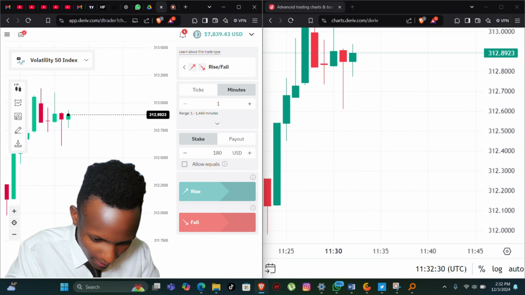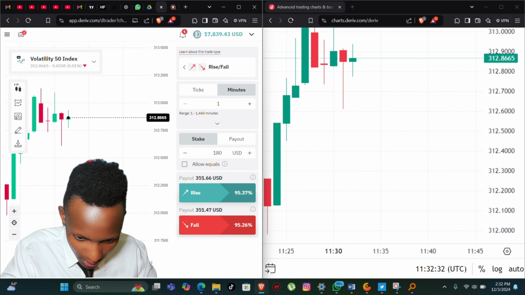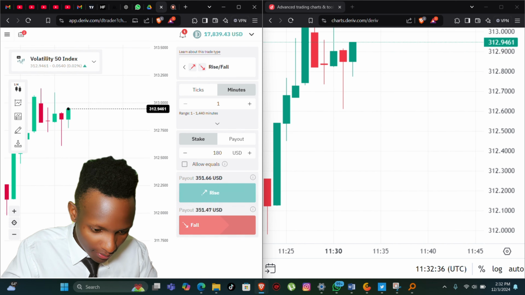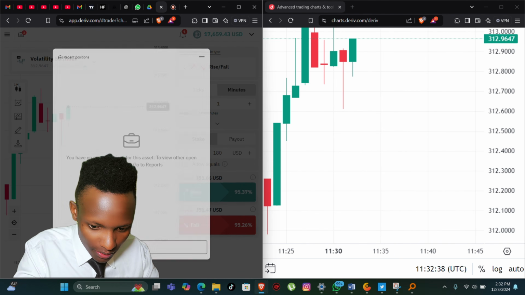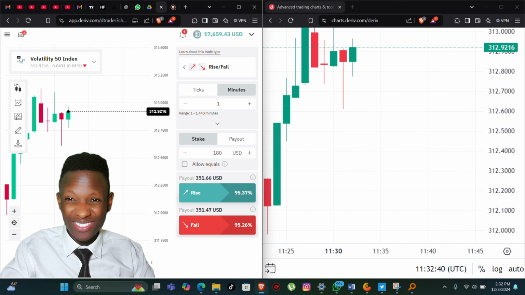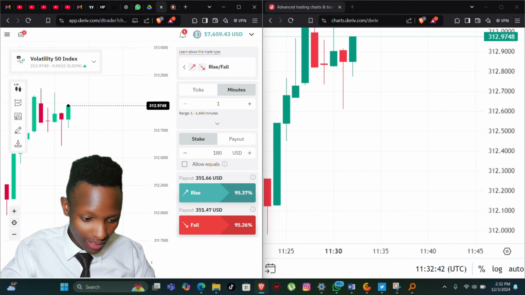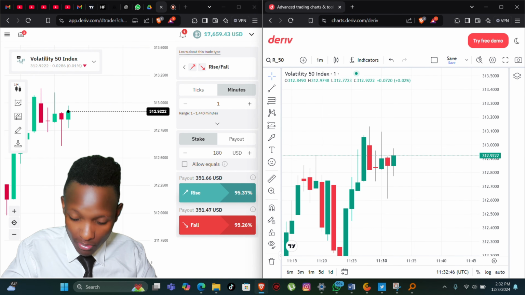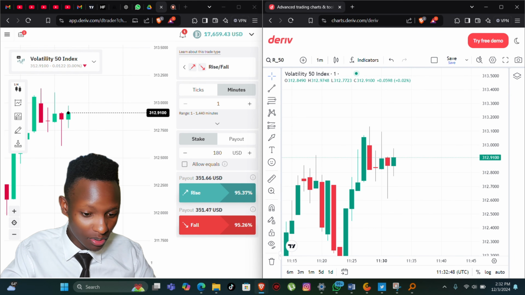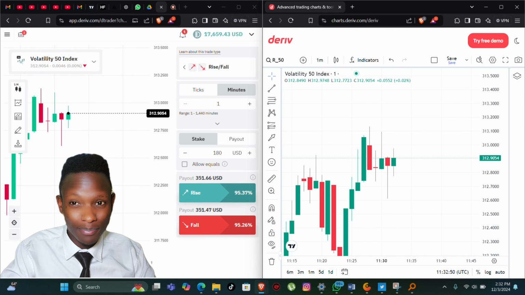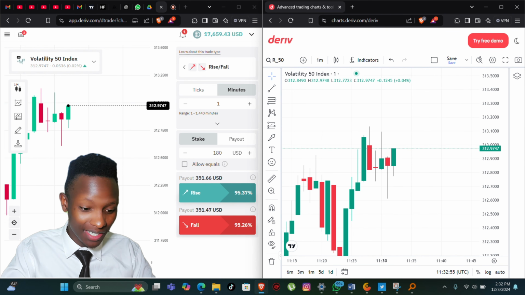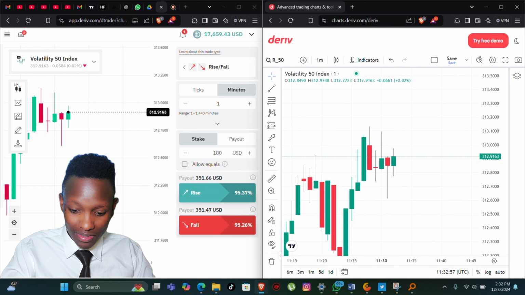I don't know why it hasn't added any trades. Let me try to click on rise. Still not executing. I don't know why DERIV has these kinds of issues, and sometimes you find that you get into the market and you are not able to execute trades. It might be market manipulation, or the systems might be under maintenance, because they tend to maintain these systems a lot.